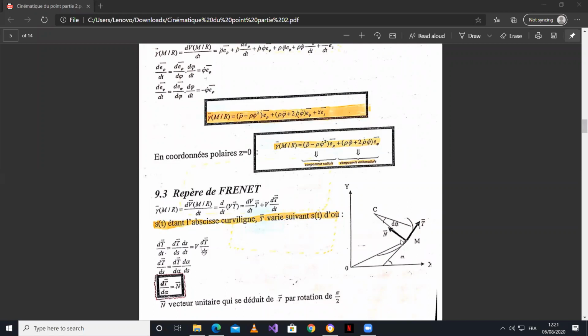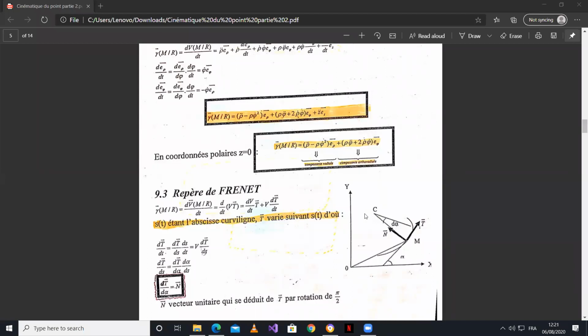If we look at this figure that we have here, if the point M is here, you see the tangent is oriented in that direction. When the point gets somewhere here, the tangent will be oriented in that direction. So that's telling us that the vector tangent varies as S is varying.